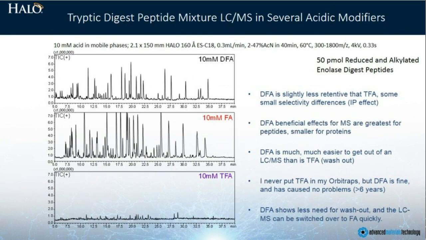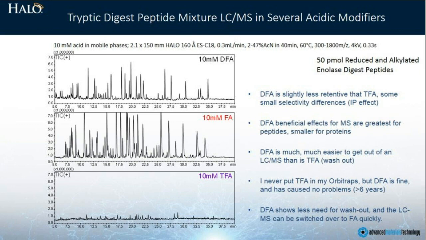So why do we like DFA? Well, probably the easiest way to explain this is looking at a peptide separation, where the effect is most obvious. A little bit less obvious in protein separations, clearly obvious in peptide separation. This is a comparison showing the electrospray ionization in the presence of 10 millimolar difluoroacetic acid, formic acid, and trifluoroacetic acid.